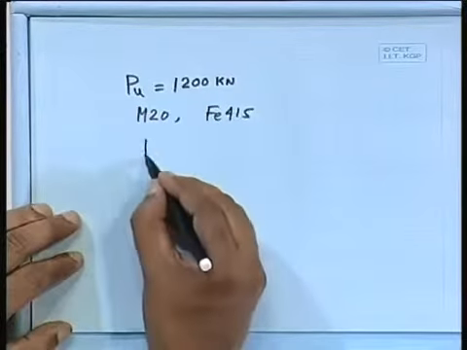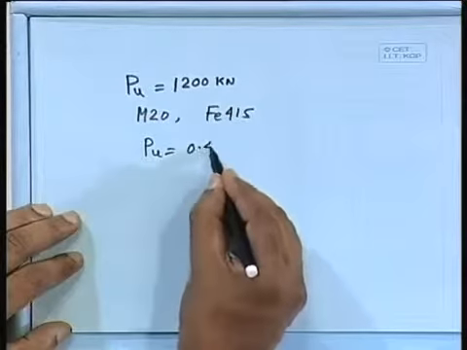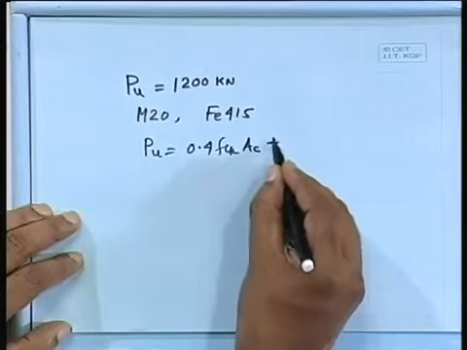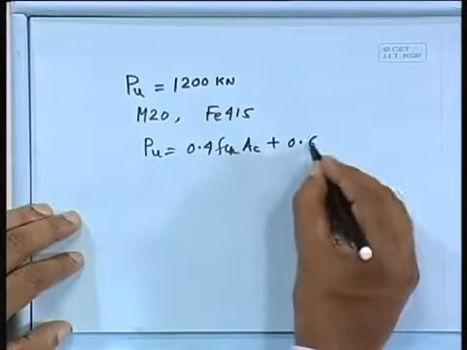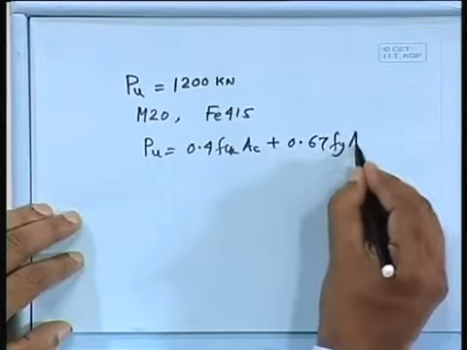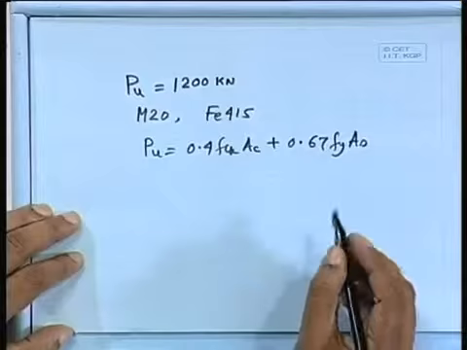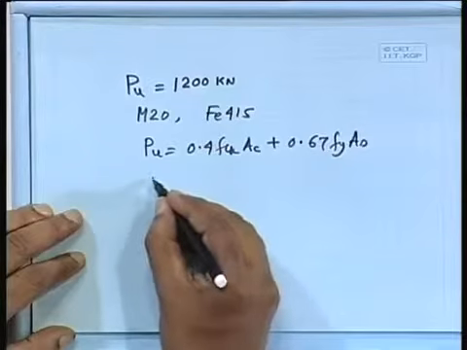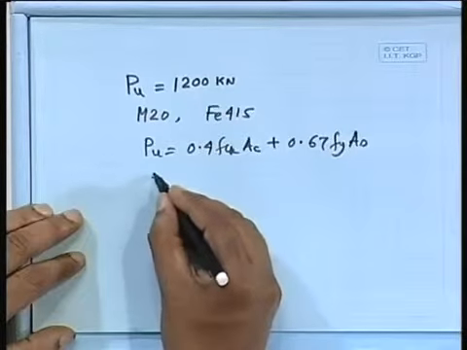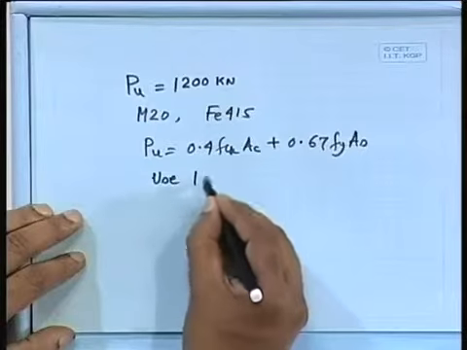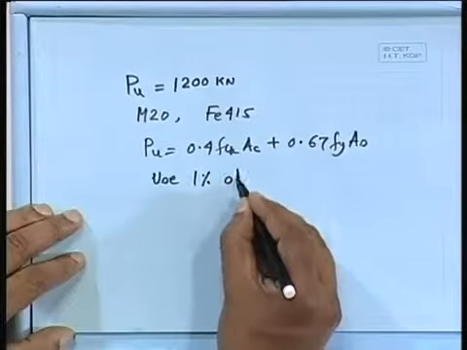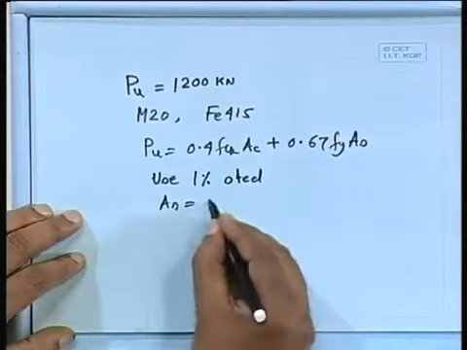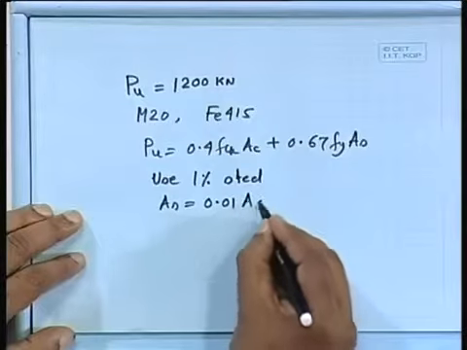We know PU equal to 0.4 FCK times AC plus 0.67 FY AS. Here we can assume that we shall use 1% steel. So AS equal to 0.01 AC.